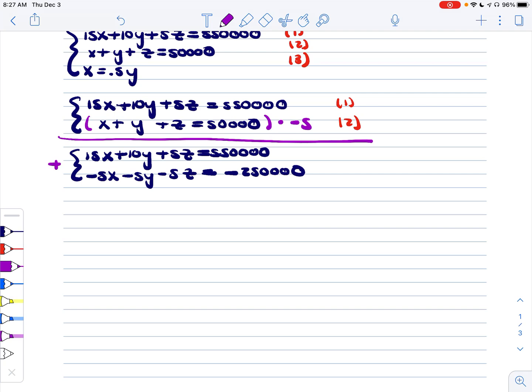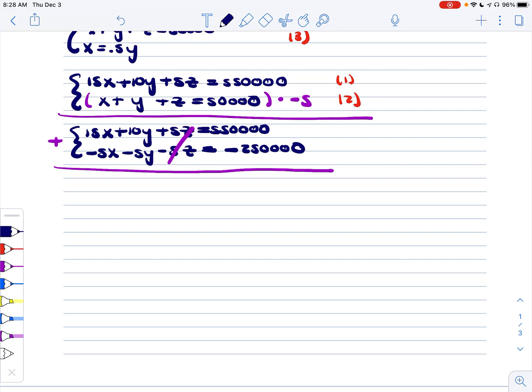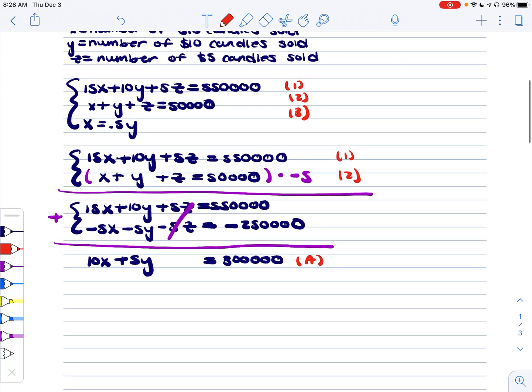All right, now add our equations together. The z's cancel, and we're going to have 10x plus 5y is equal to 300,000. All right, so that is going to be my equation A.